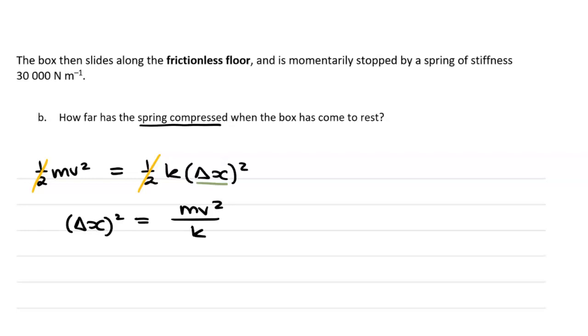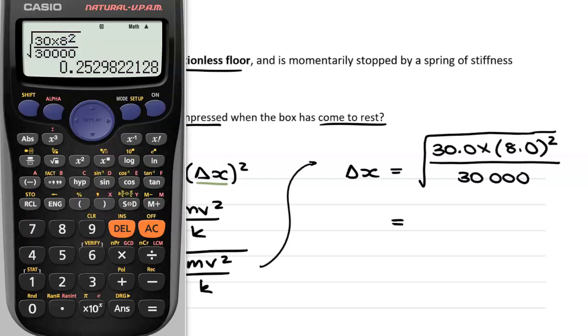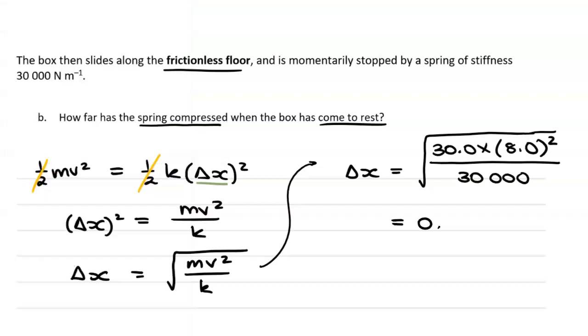And we're going to have to take the square root. You might recall every time in physics we take a square root, you've got to think positive or negative. We're just interested in the change in length, so we'll just take the positive in this circumstance. Let's now substitute. Alrighty, double check this in your calculator, but I get 0.25 meters. Another wonderful example of energy conversions here.